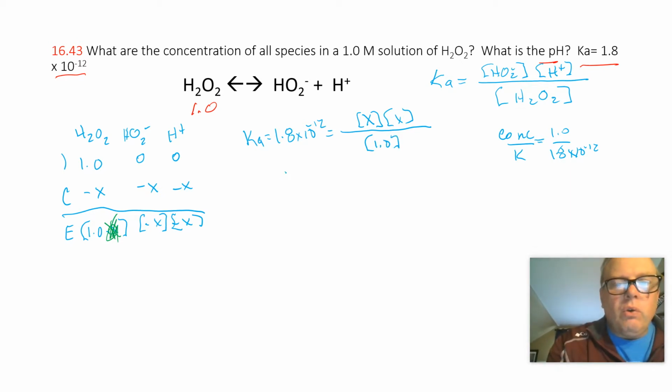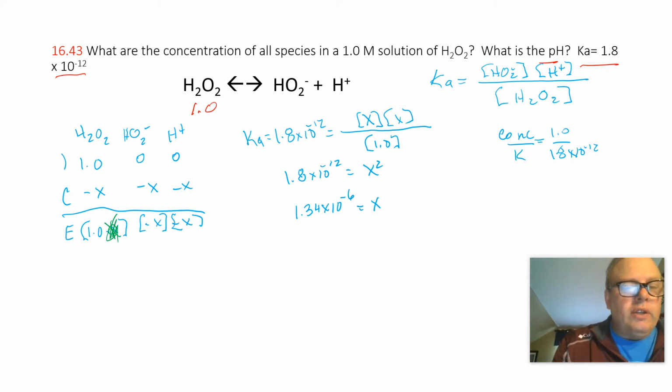Okay, so mathematically 1.8 times 10 to the negative 12 is equal to x squared, because I'm not going to bother to multiply by 1, your call. So x equals here, I get a value of 1.34 times 10 to the negative 6. And that then is our x value.